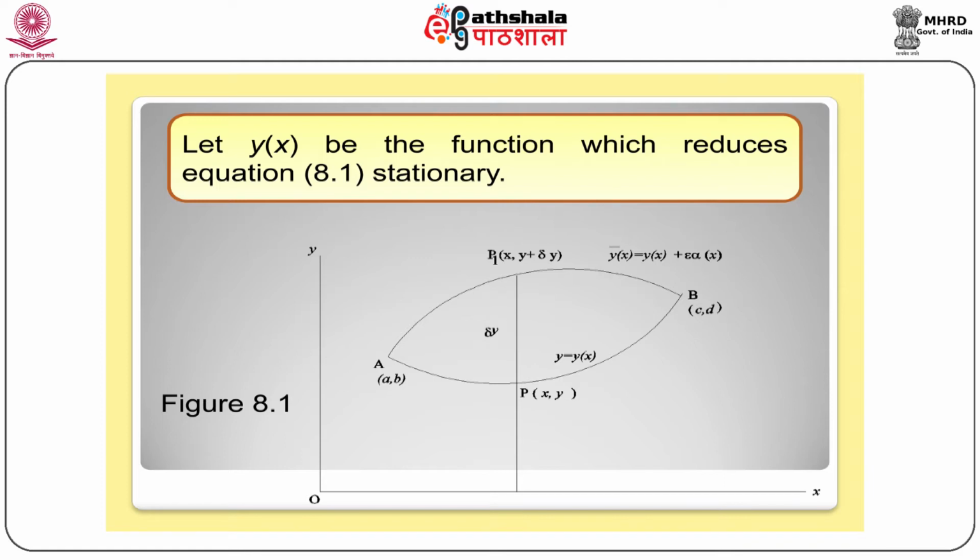This is an arbitrary function, and C1 is the set containing continuously differentiable functions of first order only. Epsilon is a small parameter which is real. Y bar x is a neighboring function of y x. Y x is the function which makes equation 8.1 stationary.